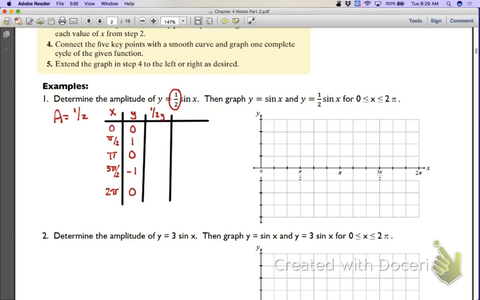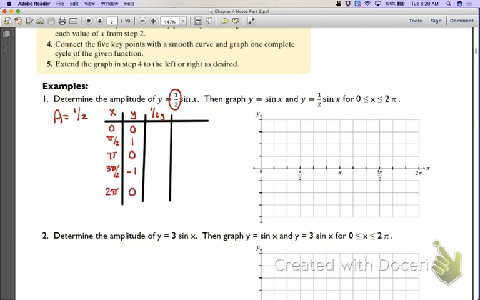Because whenever we do pi over 2, it's going to go up to 1. If you have to think about your unit circle, it's going to go with those values as far as your 1, your -1, and stuff like that.